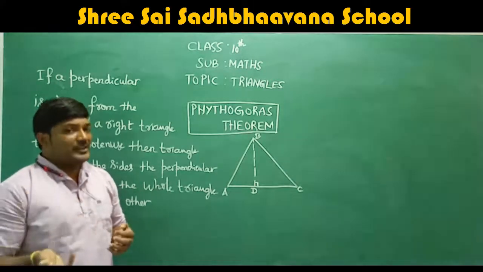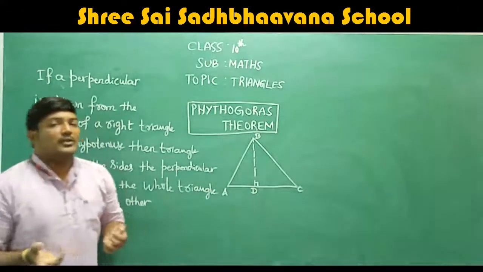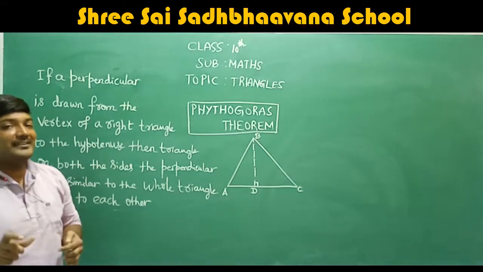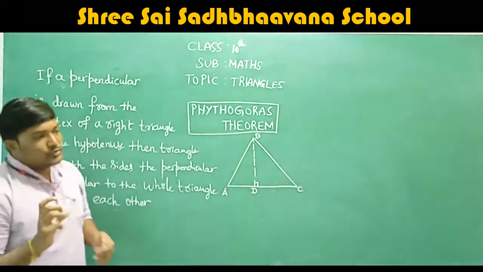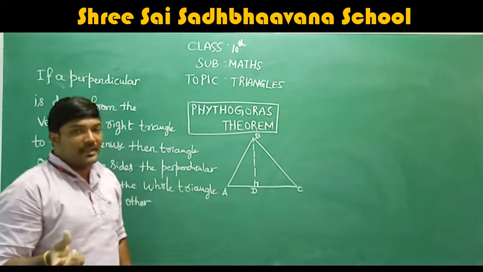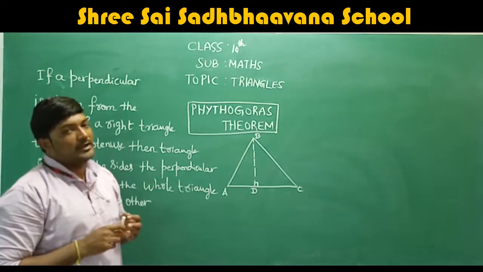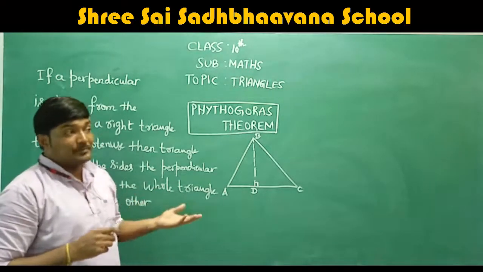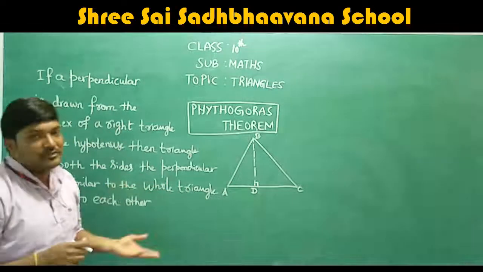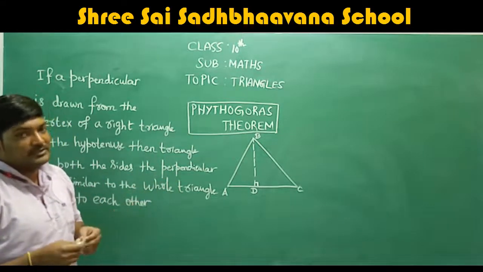Before proving the area of similar triangles, I explained what AA similarity is and what the similarity concept is, because you should know exactly what similar triangles are. Then you can easily prove the theorem. If you don't know the properties of similar triangles, you are not able to prove that, because that is a basic thing which you need for the theorem.